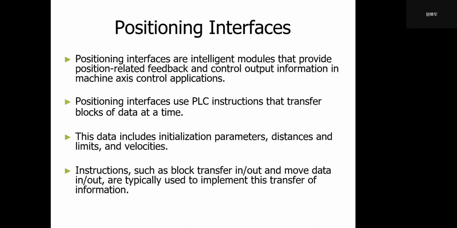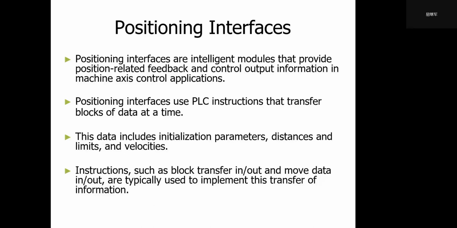Next, I will introduce the positioning interface. Positioning interfaces are intelligent modules that provide position-related feedback and control output information in machine axis control applications. Positioning interfaces use PLC instructions that transfer blocks of data at a time.